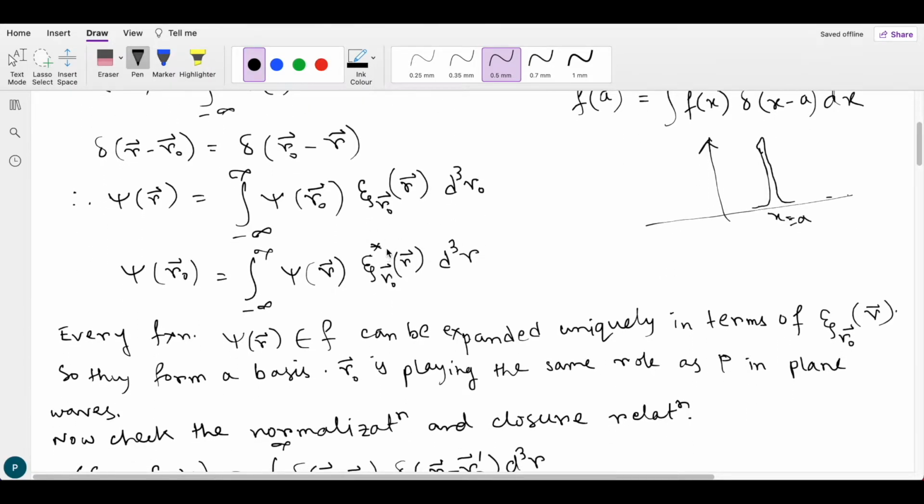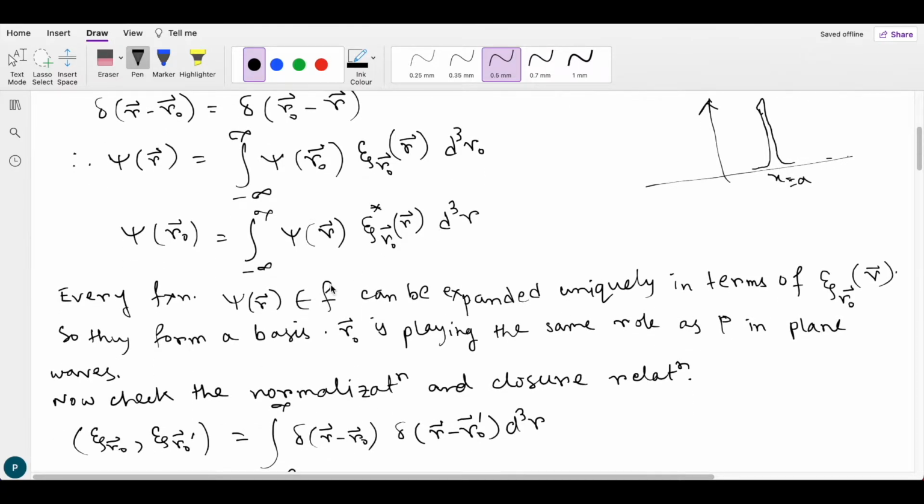We are just writing star because we want to describe psi r naught as the coefficient of expansion, and we know that the coefficient of expansion is given by the scalar product of the corresponding basis with the wave function psi. That's why we are writing psi r naught star. So every wave function in the wave function space can be expanded in terms of psi r naught.